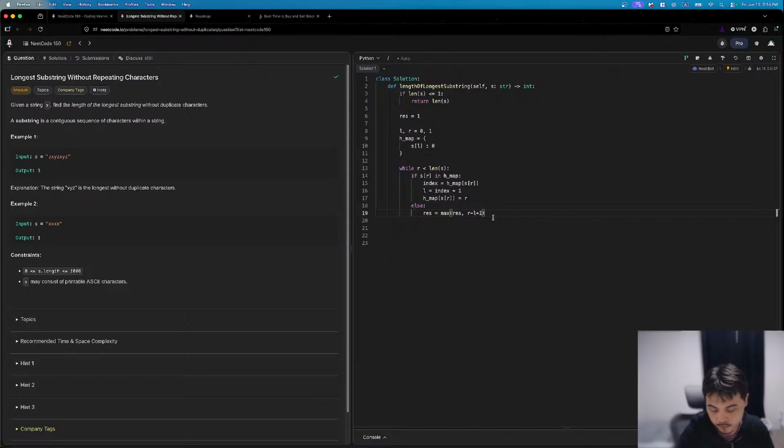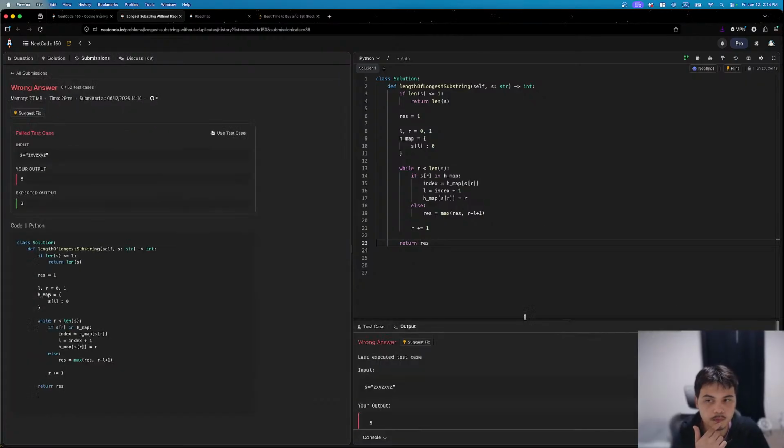If we have 5 elements, so it'd be 0 to 4, 4 minus 0, 4. Okay, yeah, so R plus 1. Return res. I think this should work. No?